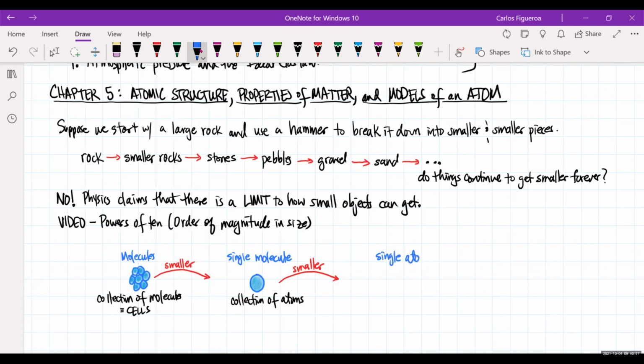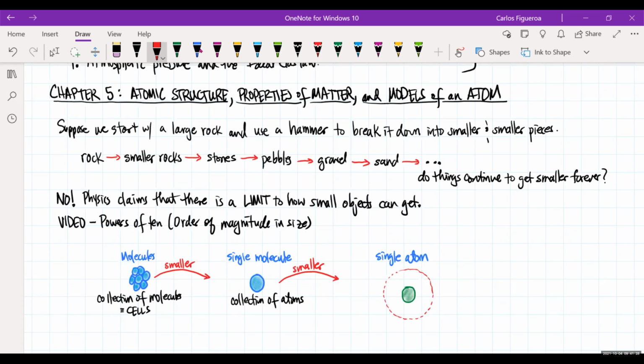And when I look at this single atom, what we're going to see here is that I get a nucleus. So that's going to be my nucleus here. And the image that most people have of atoms is that the electrons are going around in a circle here.